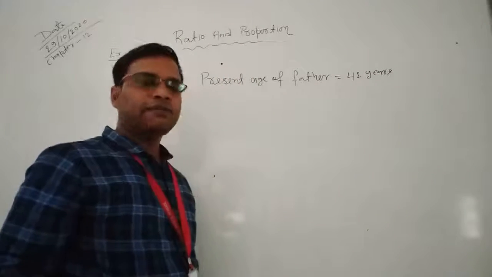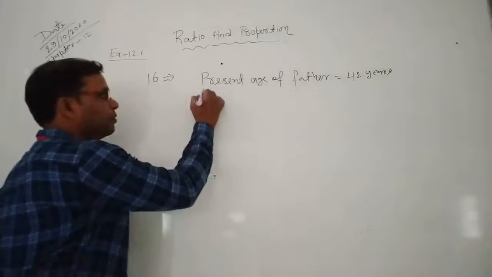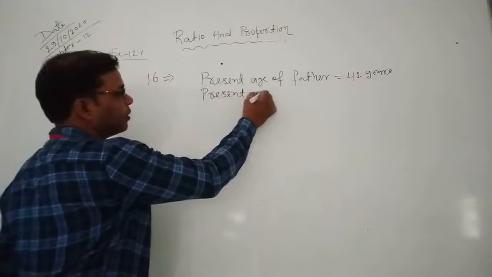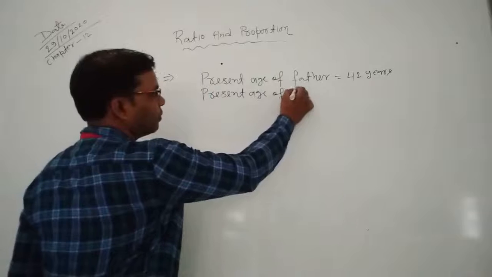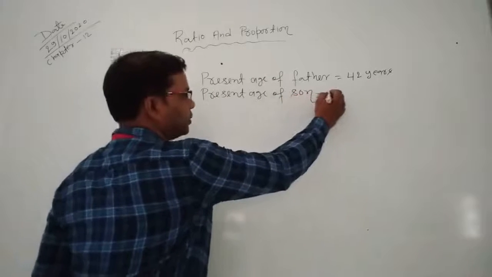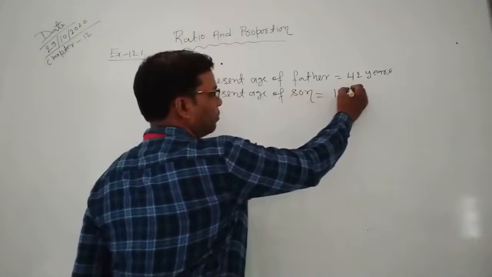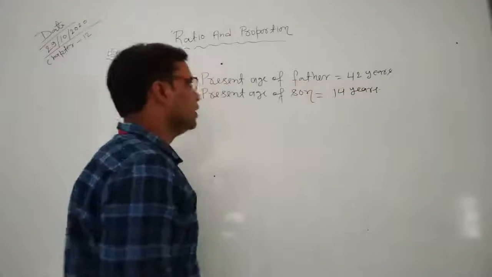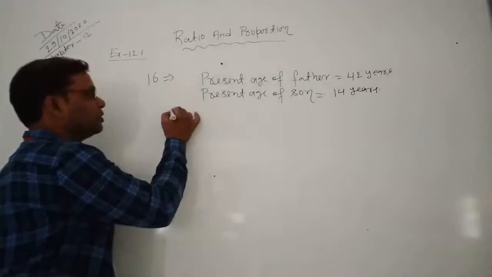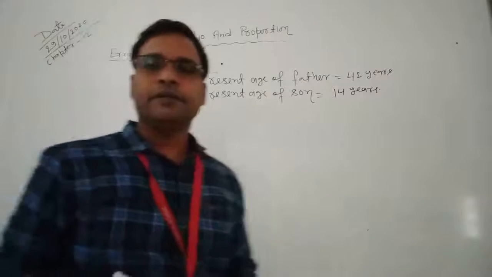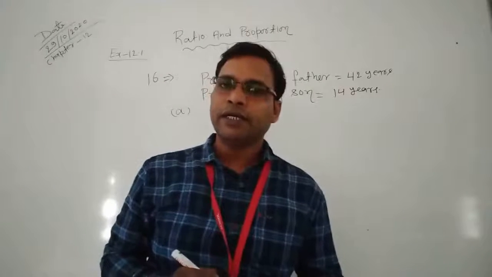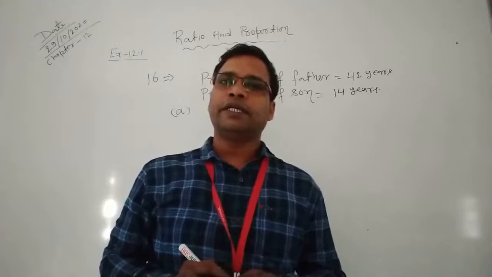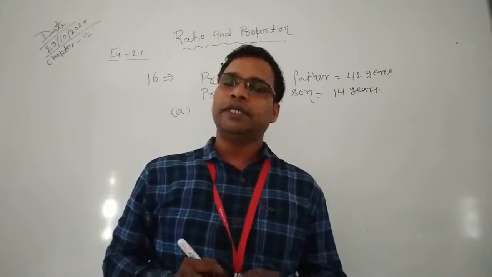And the present age of son is also given, 14 years. Clear? Apart from this, what do we need to find? We need to find the ratio of the present age of father to the present age of son.